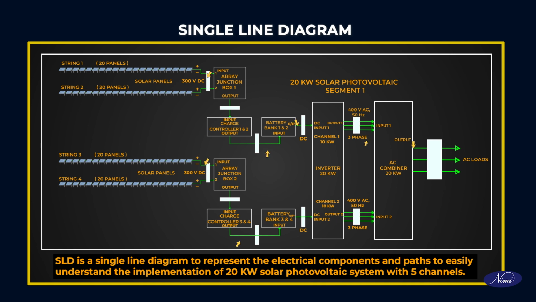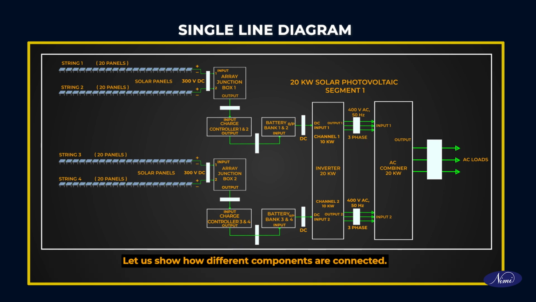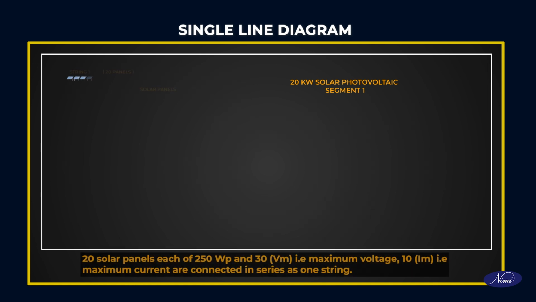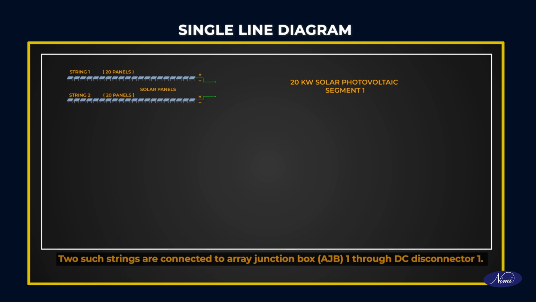With 5 channels, let us show how different components are connected. 20 solar panels each of 250 watt power and 30 Vm maximum voltage, 10 Im maximum current are connected in series as one string. 2 such strings are connected to array junction box 1 through DC disconnector 1.